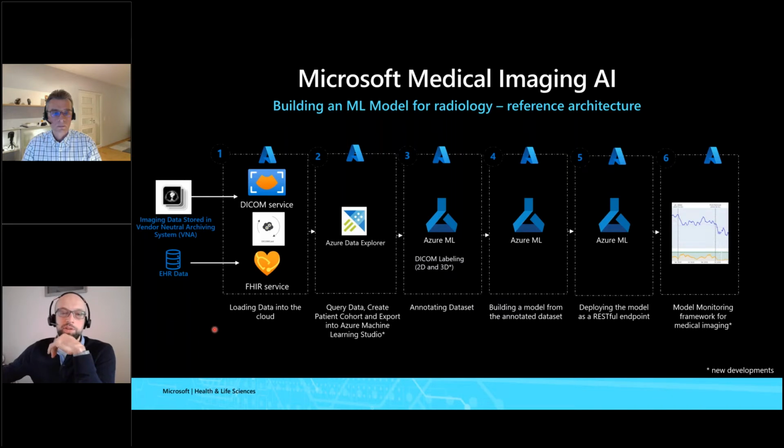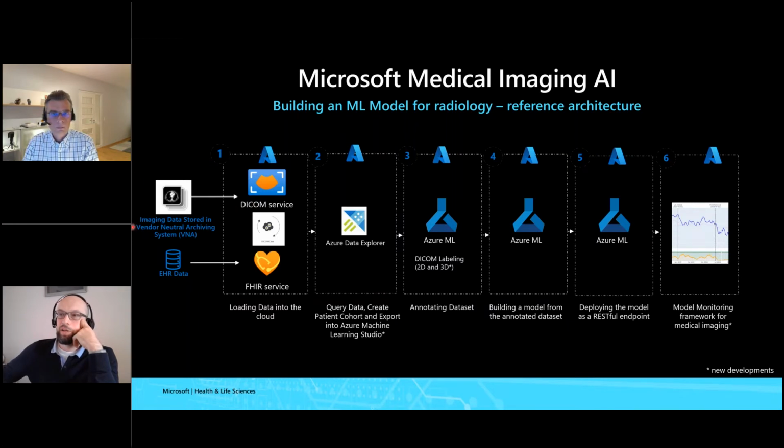So Andreas at the beginning of the presentation had shown different steps of the MLOps pipeline, which all starts with the data and takes you all the way to a deployed model. So we have this concept of a reference architecture, which shows you how to use the best available Microsoft services to build out this pipeline.